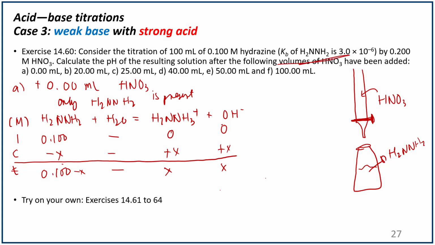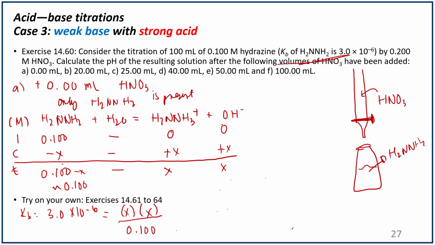From here we can write a Kb expression. We're given the Kb of hydrazine, so Kb is equal to 3.0 times 10 to the negative 6, which is equal to the concentrations of the products, hydrazinium times hydroxide, which are both x, divided by the concentration of hydrazine at equilibrium, which we can assume is roughly equal to the initial concentration. So we assume that x is negligible.